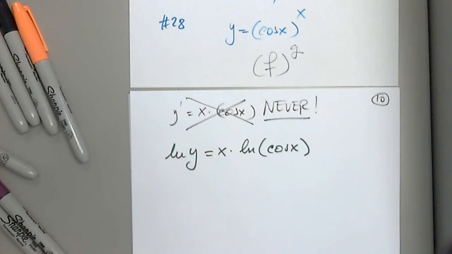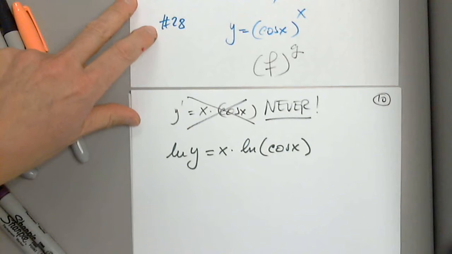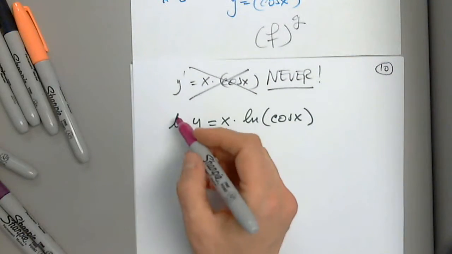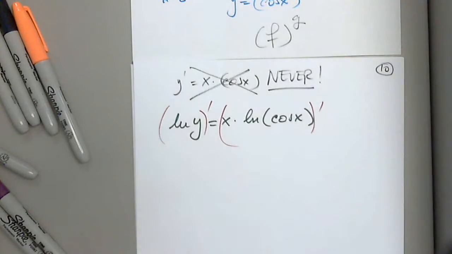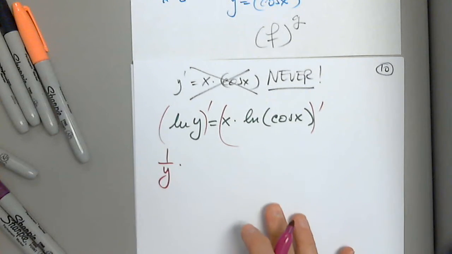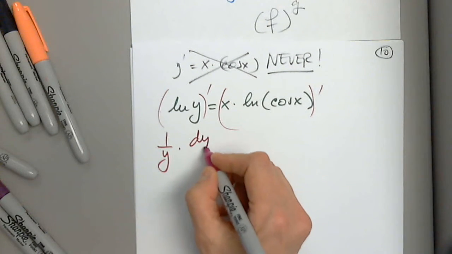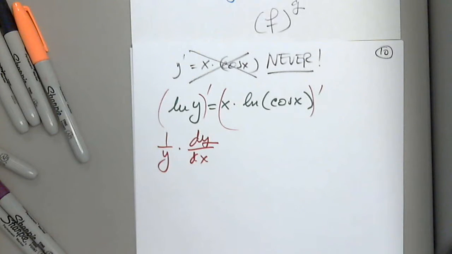Any questions so far? Now we're ready to differentiate. Of course, implicitly, right? So the left-hand side, can anyone help with the left-hand side? 1 over y, very good. 1 over y times dy over dx. Now, we remember two things from last time, right?